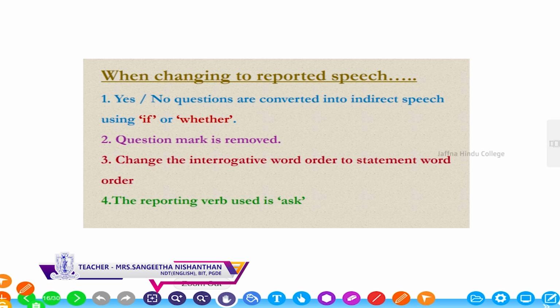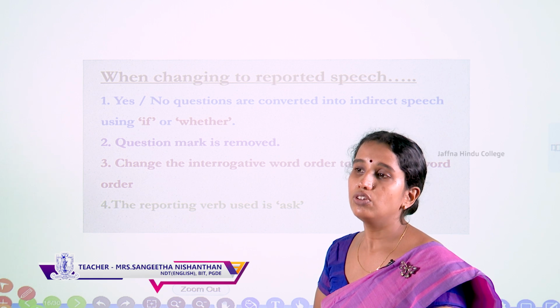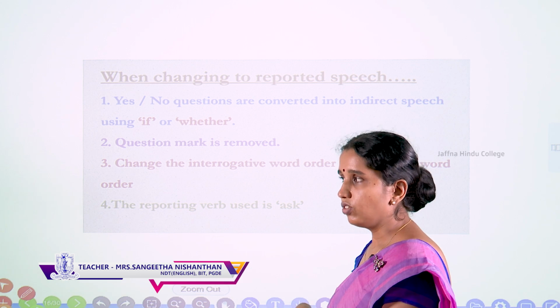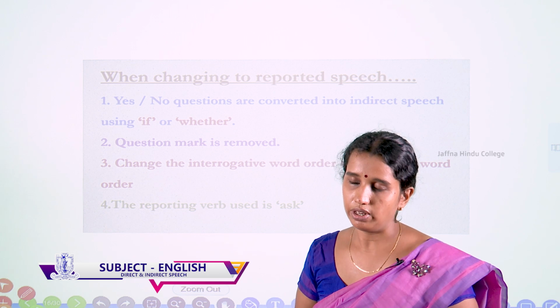And change the interrogative word order to the statement word order. The yes or no question is formed from the statement word order, and again it is changed to its normal word order.